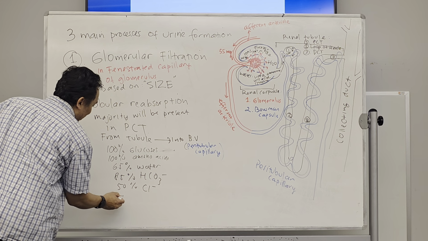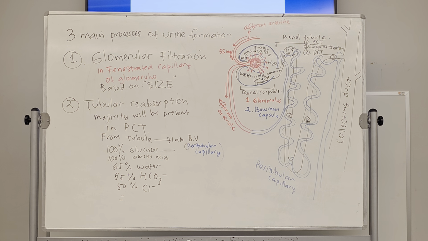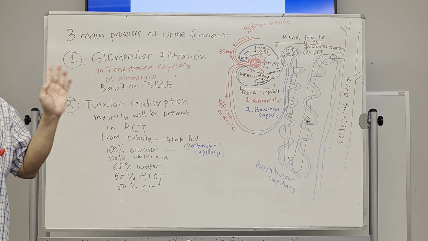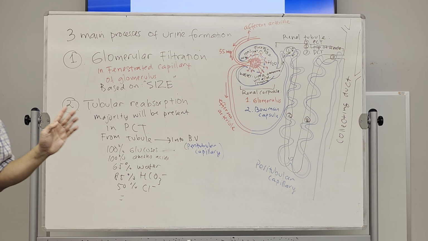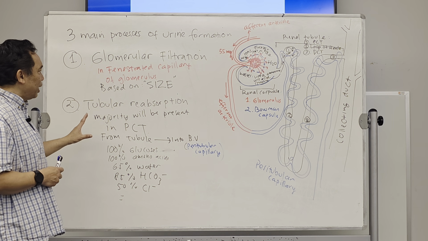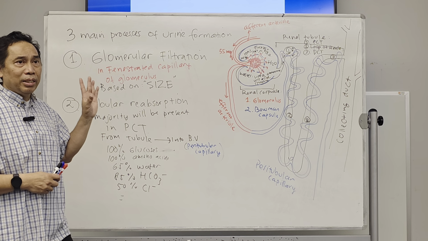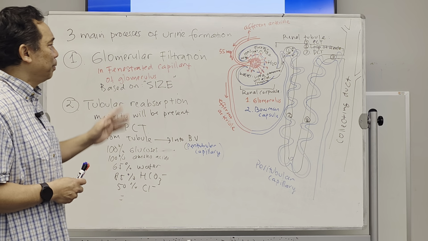And many more. You can read the list of the substances that will be reabsorbed in the PCT in the PowerPoint. I put all the lists over there, including sodium, about 65%. Phosphate will also be reabsorbed in the PCT. So the PCT is a really important part of this nephron that will reabsorb the majority of the important substances that we still need in the blood.